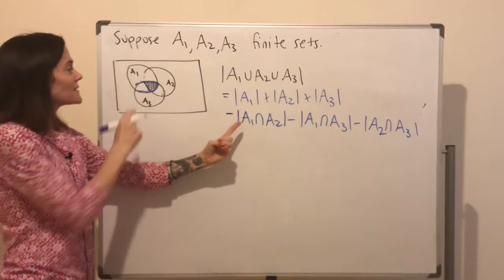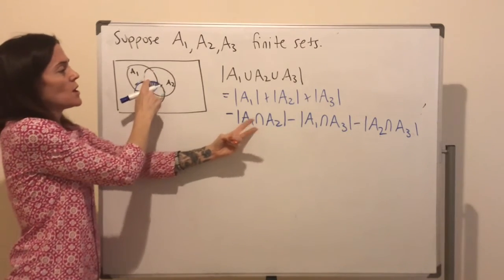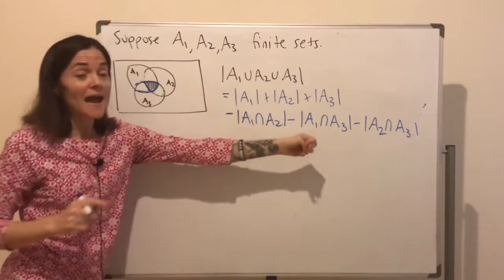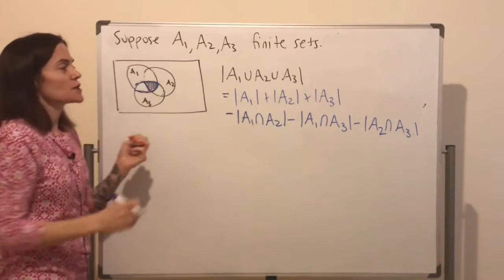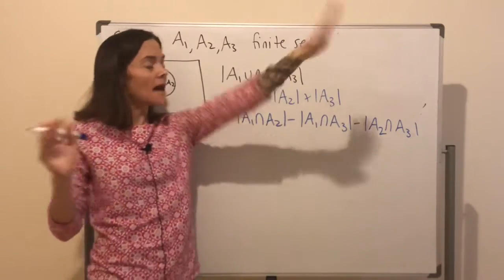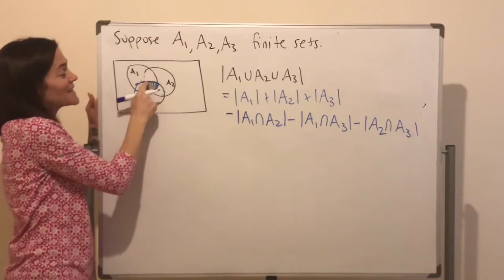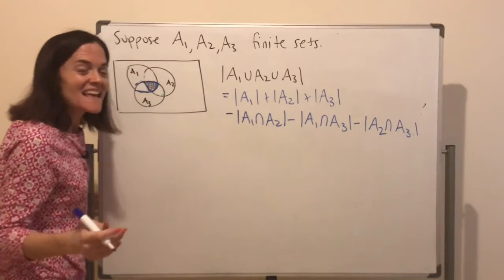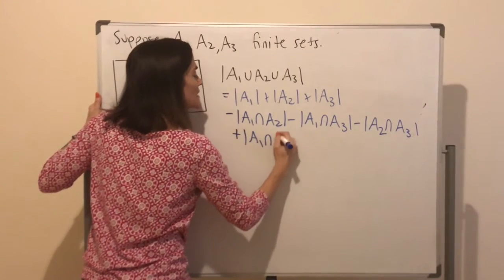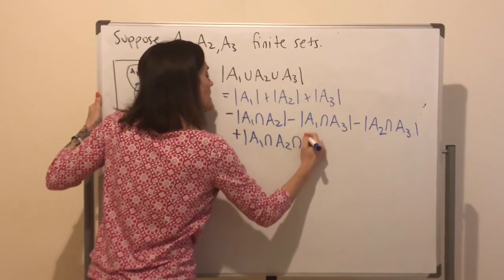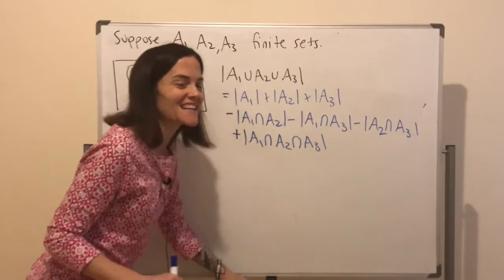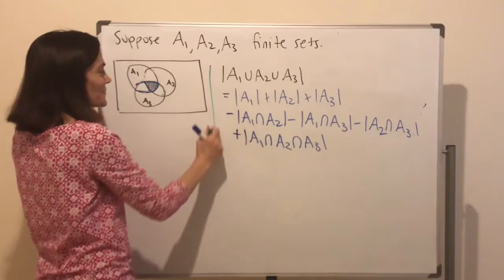Then we subtracted off for A1 intersect A2, subtracted off for A1 intersect A3, subtracted off, so it's in each intersection. It was added 1, 2, 3 times, subtracted 1, 2, 3 times. So now we haven't counted this at all. We must add it back. We add in A1 intersect A2 intersect A3, this cardinality. And this is inclusion-exclusion for 3 sets here.